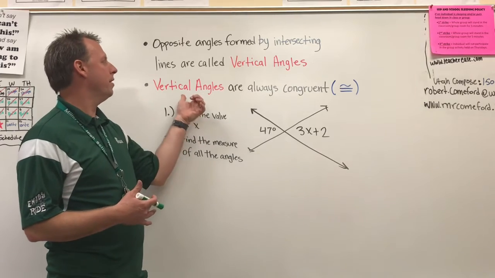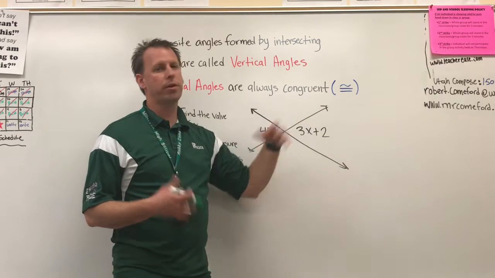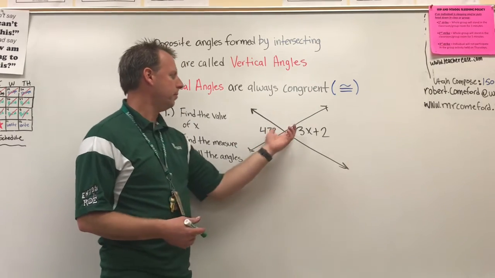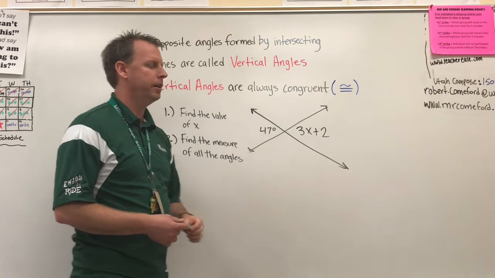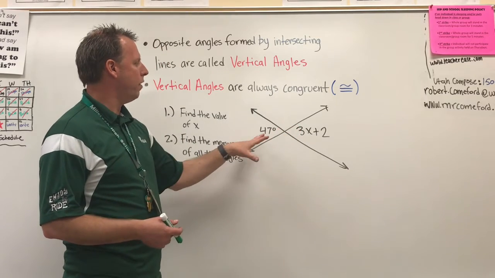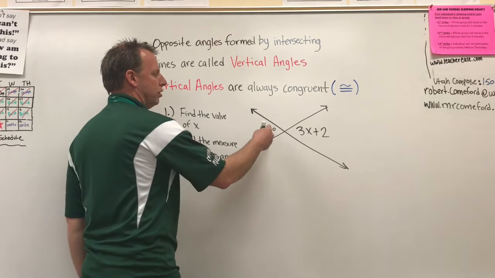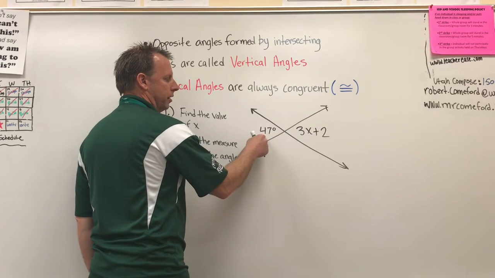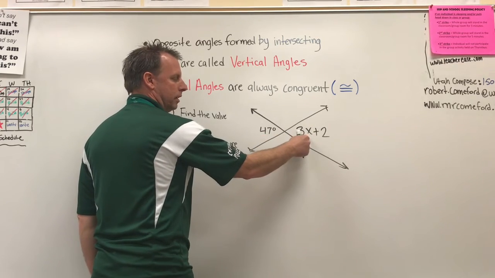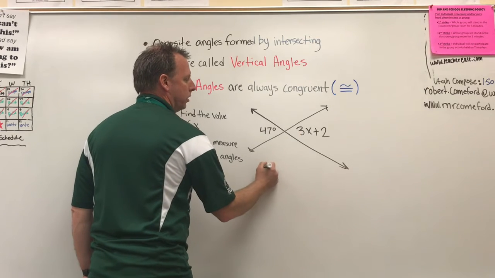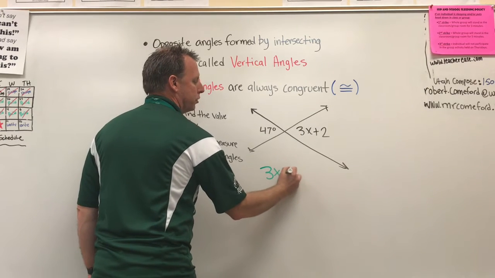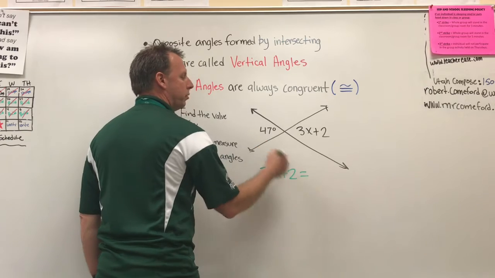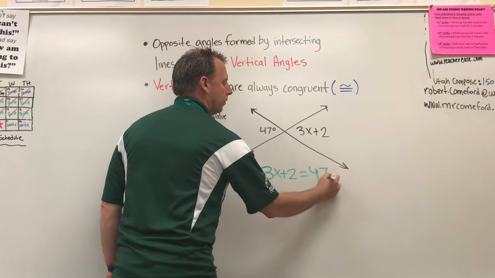So we're going to use this idea of vertical angles being congruent or their measures being equal to set up a little equation right here. And when we solve this, we're going to say again that this is equal to this. So I'm going to write my equation, 3x plus 2 is equal to 47.